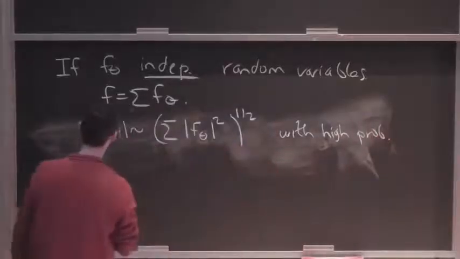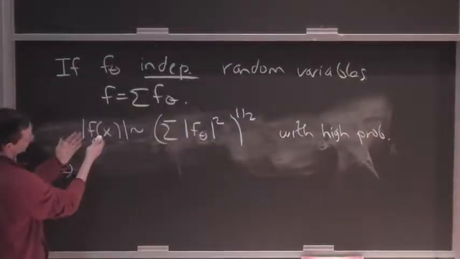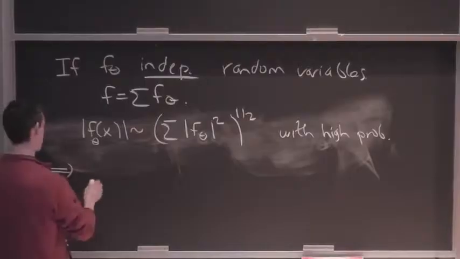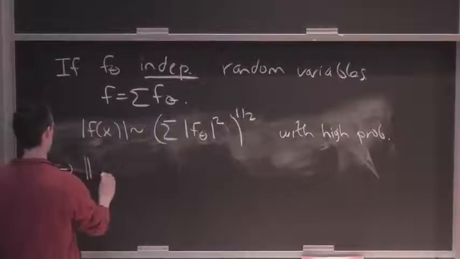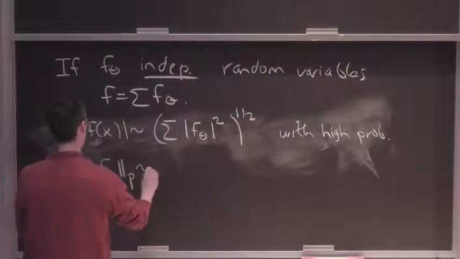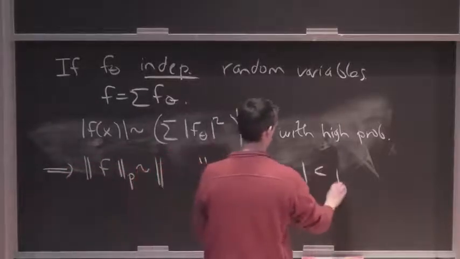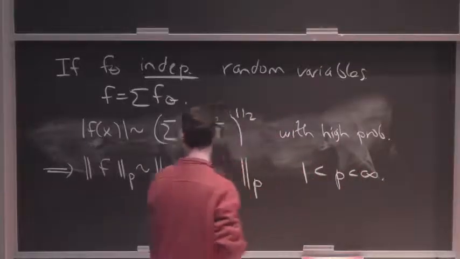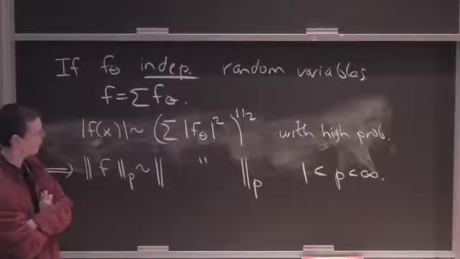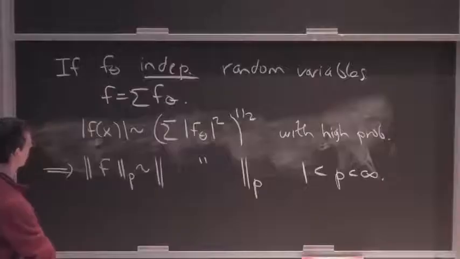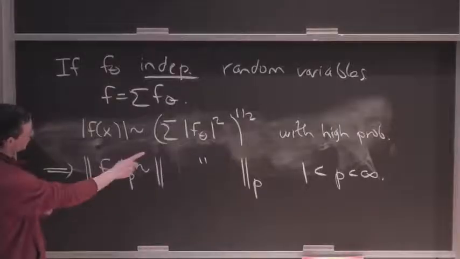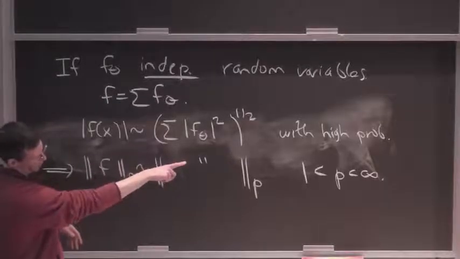And that would imply that the L^p norms of these things would be similar to each other. So that would imply that the L^p norm of f was around the L^p norm of this thing for reasonable p. OK. And this is actually stronger than what happens there.